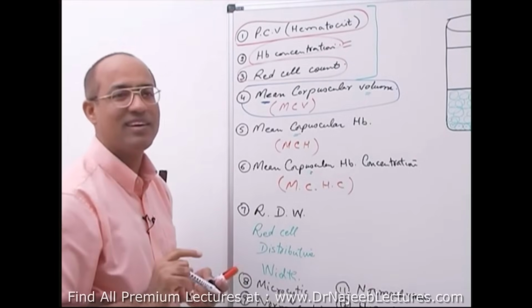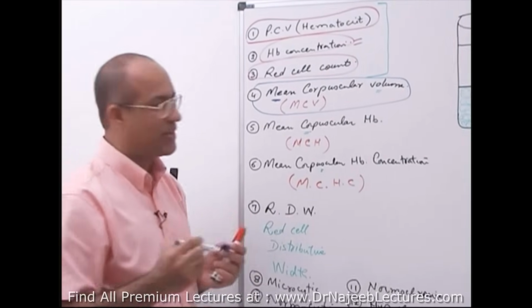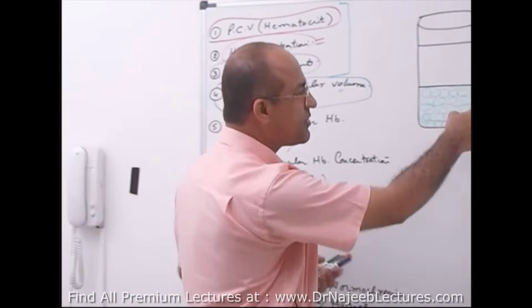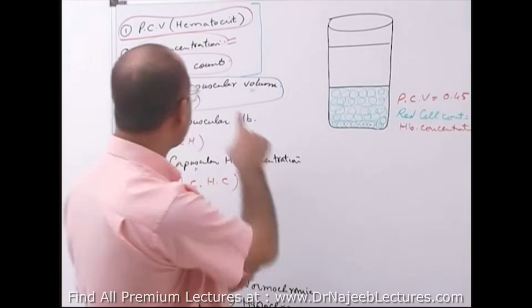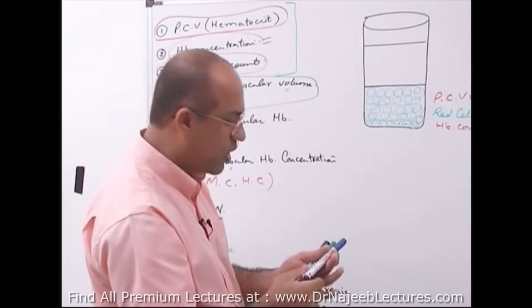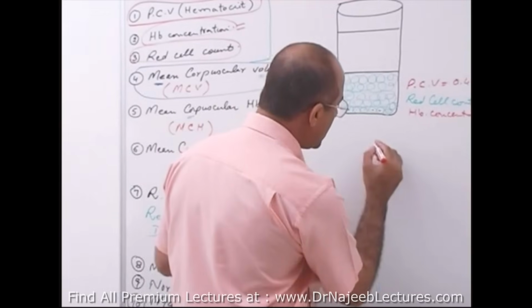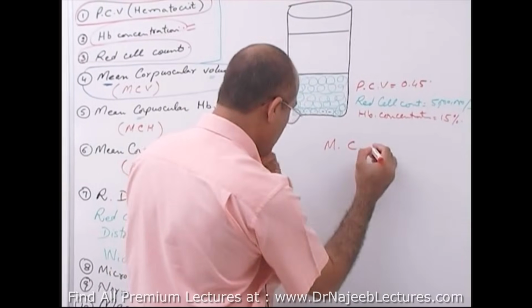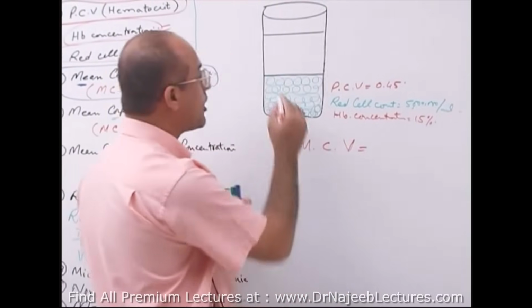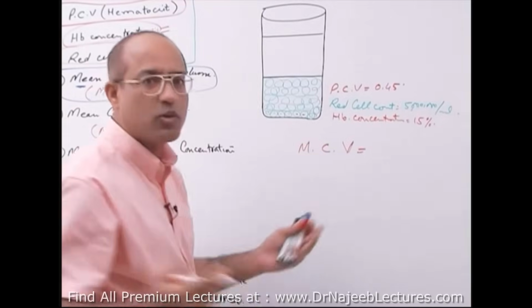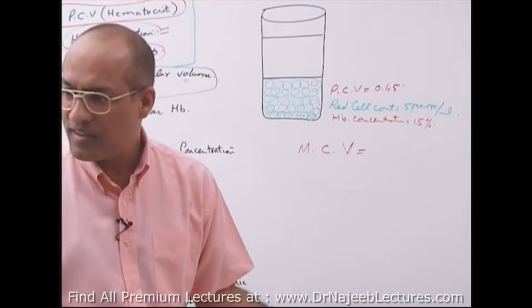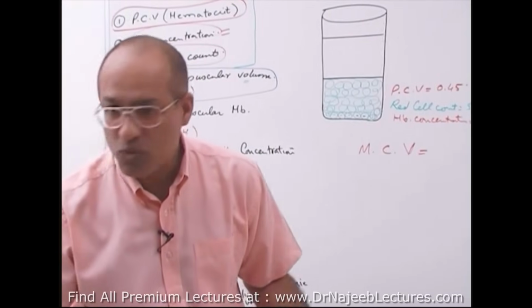It is so easy to determine. If I say that you have these three values, you can derive this value. How? Mean corpuscular volume is the total volume divided by the total number. Is it difficult? It's so easy.